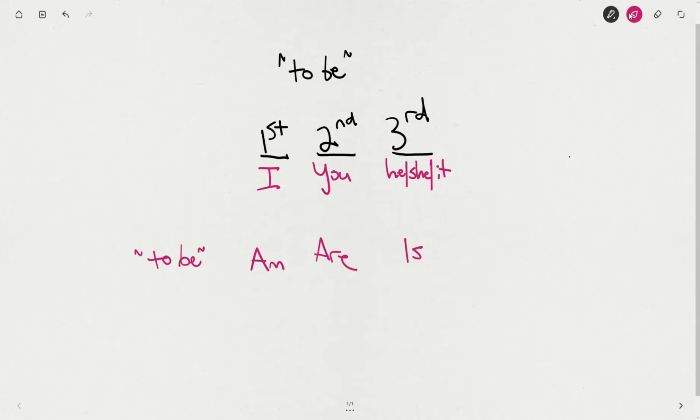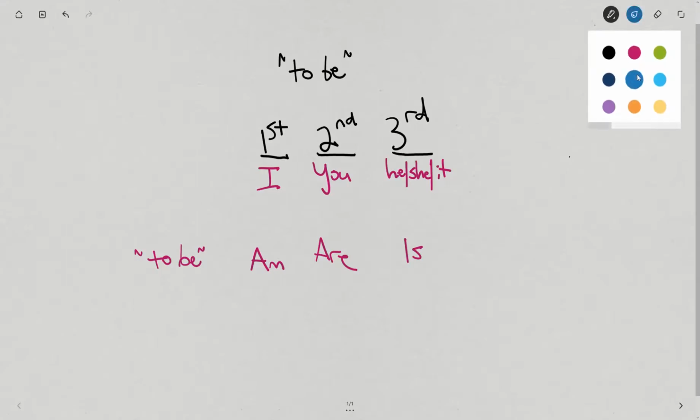You wouldn't say I are or I is, and you wouldn't say you am. These don't make sense. They have to match up. So we have to make sure that when we use verbs in a sentence, we're using them with the correct person, the correct pronoun. So if you're going to say I, you have to use am. I am okay. You are okay. He is okay. They have to match up.